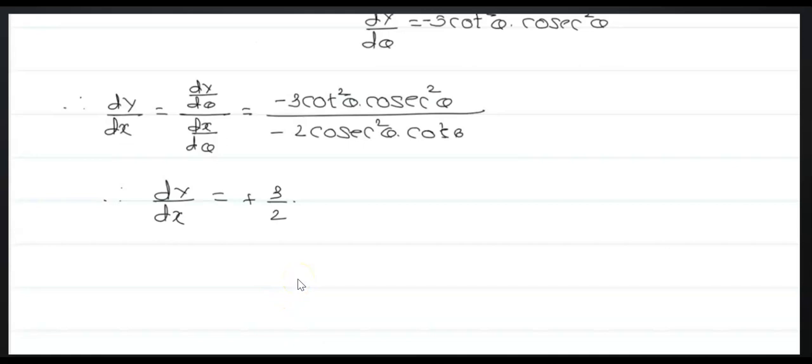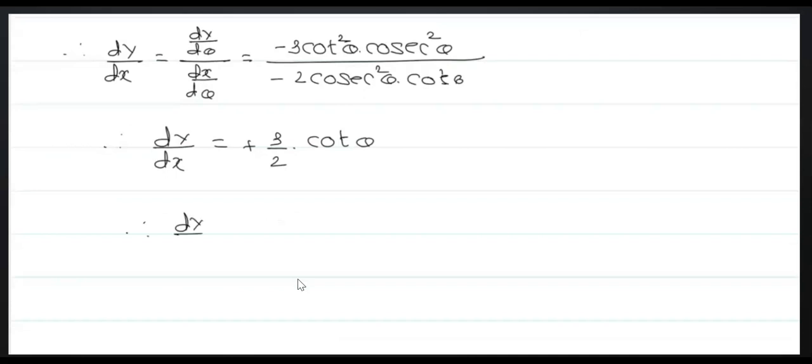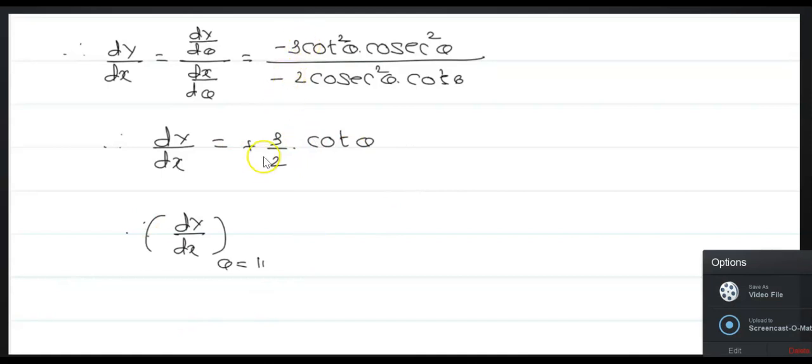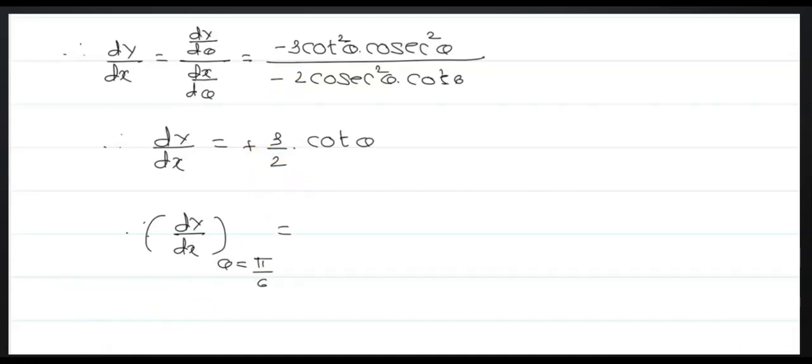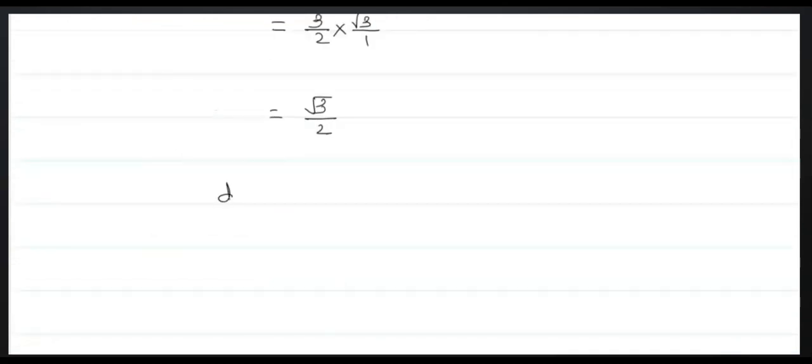You will get 3 by 2 into cot theta, and this is the answer. Minus minus will become plus, 3 by 2. At theta is equal to pi by 6, cot of pi by 6 is equal to root 3. Therefore dy by dx is equal to 3 root 3 upon 2. Now see this again.